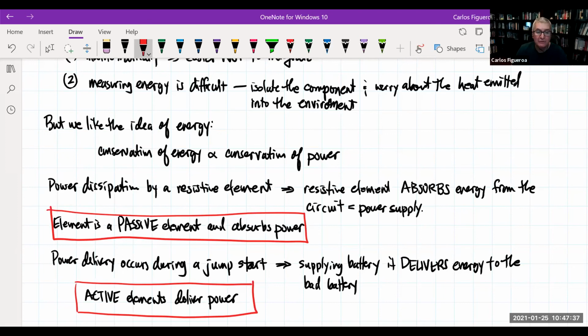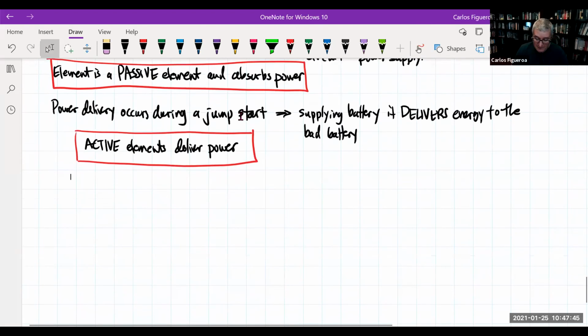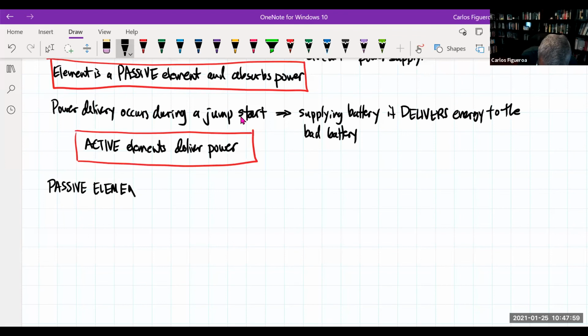So what we need to do is start talking about the following thing. Let's talk about passive elements. What do I know about a passive element?